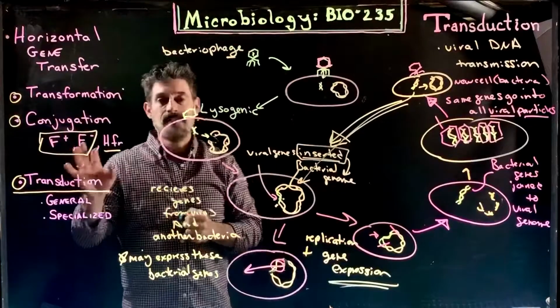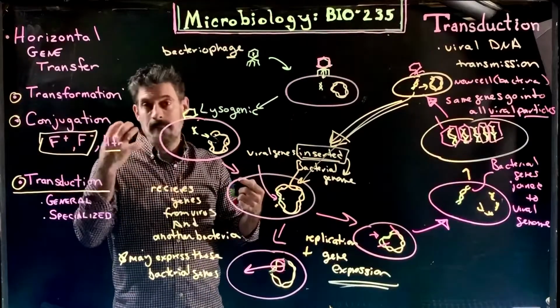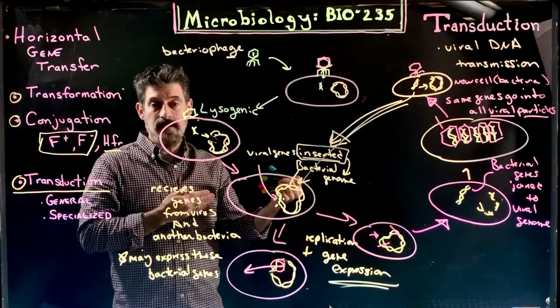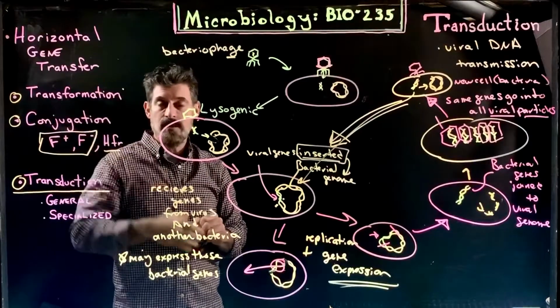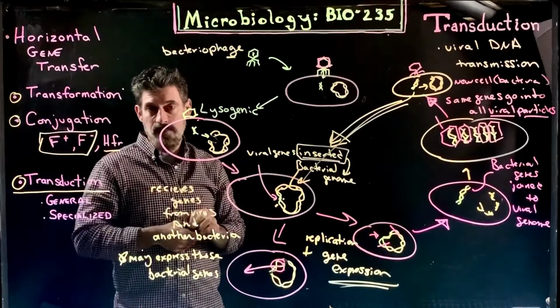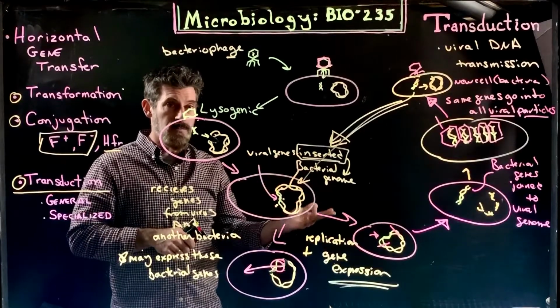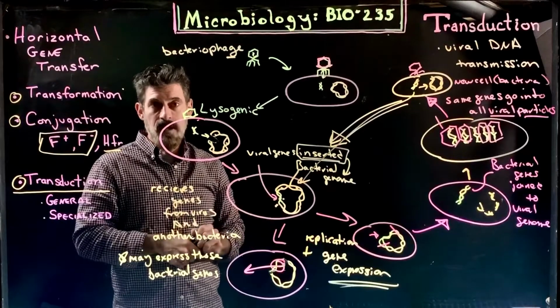So that's our transduction. We had conjugation, where two bacteria, one has the ability to pass DNA to another bacteria through the plasmid. And then we have transformation, again, where it's just coming from the environment, just random sorts of pieces. So those are the main mechanisms, in addition to mutation, that contribute to diversity within the genomes of bacteria.